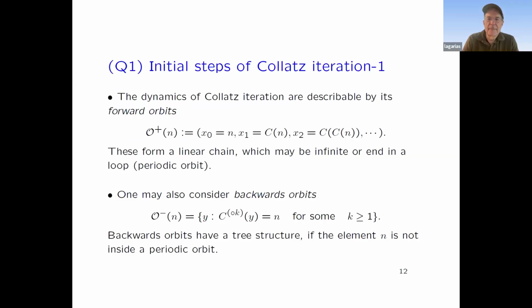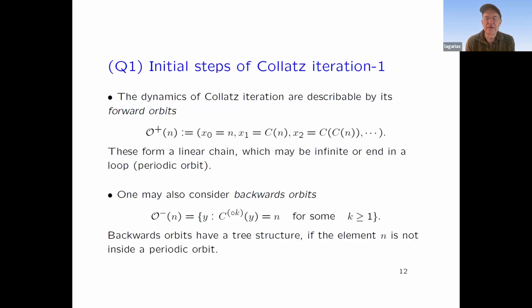Next. If you're describing the initial steps of the iteration, they're described by its forward orbits, O plus of n: n, C of n, C of C of n, which form a linear chain that might end in a loop, a periodic orbit.